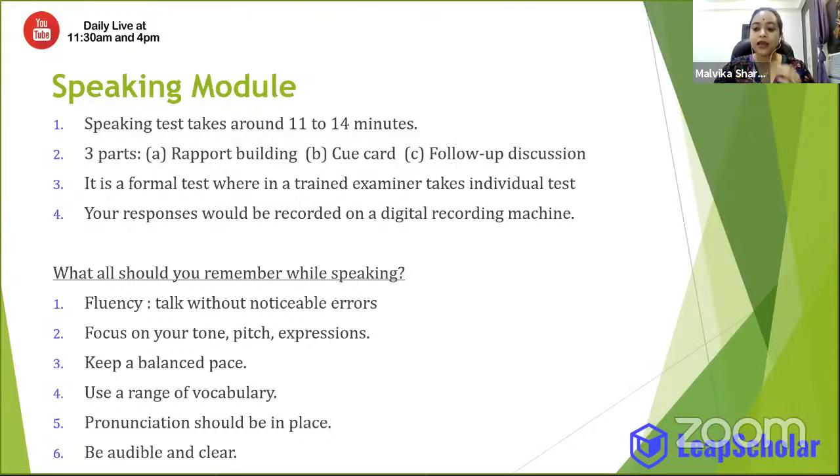Usually, you have 1 minute to prepare answers for all these questions, and 2 minutes to speak on whatever you have written or made notes on. So 1 minute for note preparation and 2 minutes to speak.